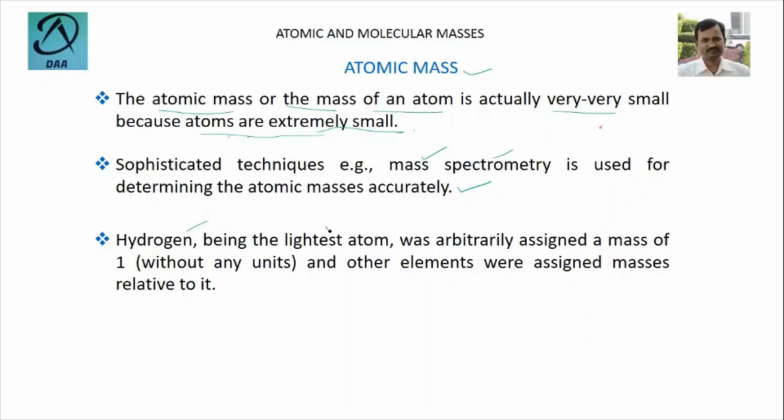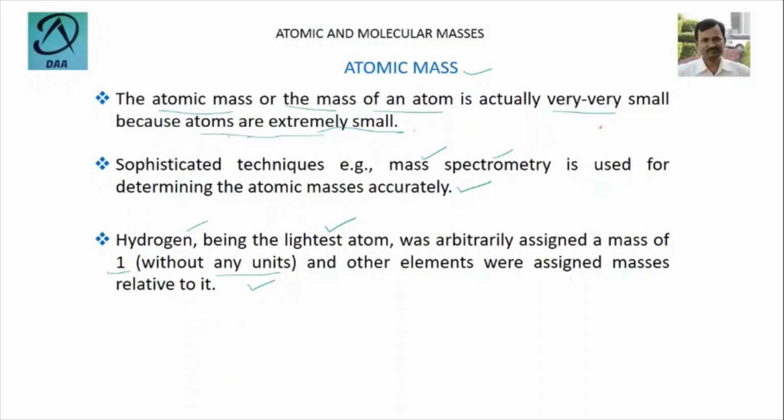Hydrogen being the lightest atom we know, it is arbitrarily assigned a mass of 1 without any unit, and other elements are assigned masses relative to it.